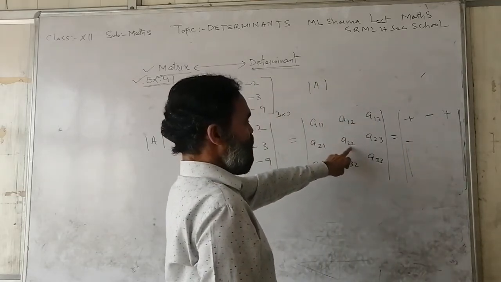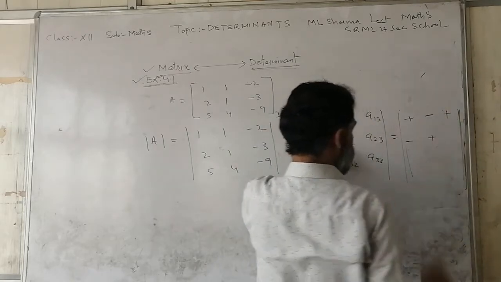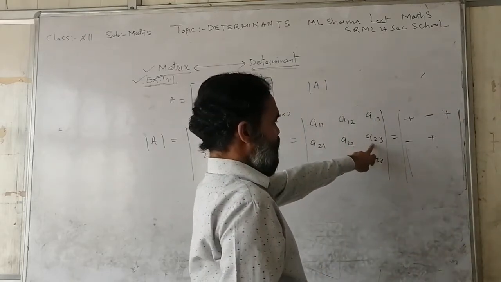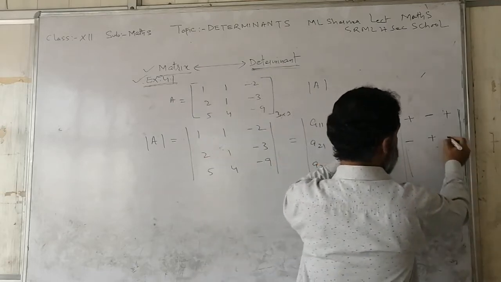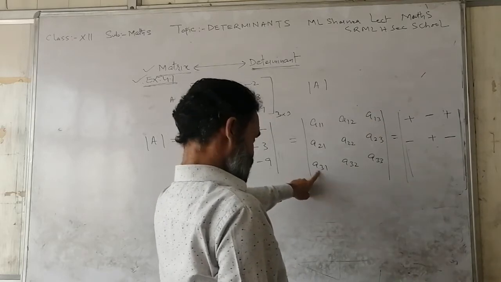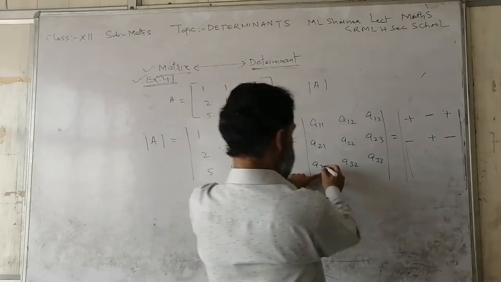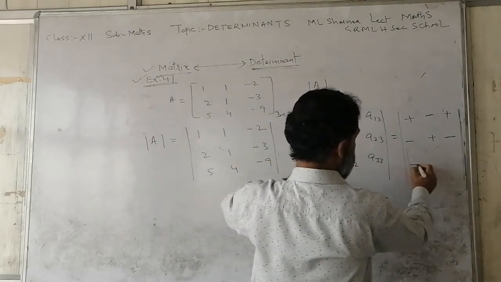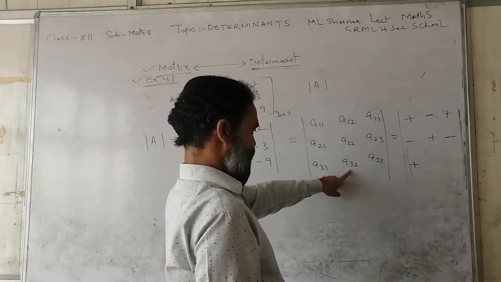Here 2 plus 2, it is 4. So 4 is an even number. I will use positive sign here. In this case, 2 plus 3, it is 5. And 5 is an odd number. I will use negative sign here. Here, for this element, 3 plus 1, it is 4. So 4 is an even number. If it is an even number, again I will use plus sign. 3 plus 2, it is 5.